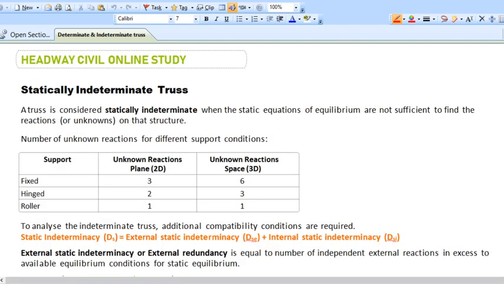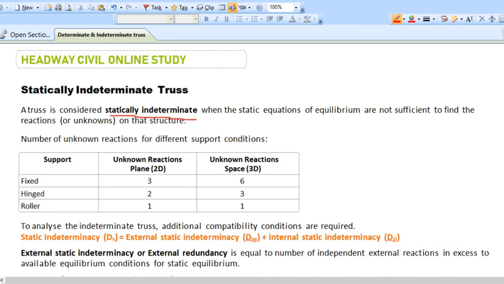Now what do we understand by an indeterminate truss? A truss is considered statically indeterminate when the static equations of equilibrium are not sufficient to find the reactions or unknowns on that structure. First note one thing.